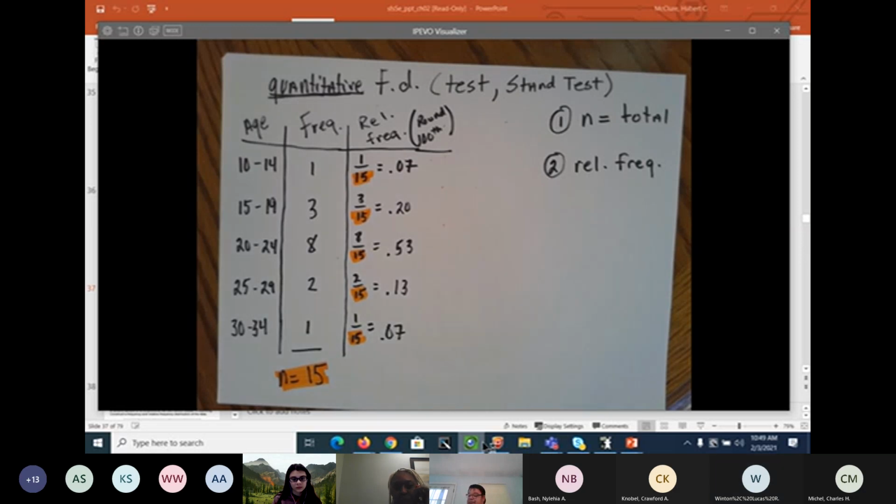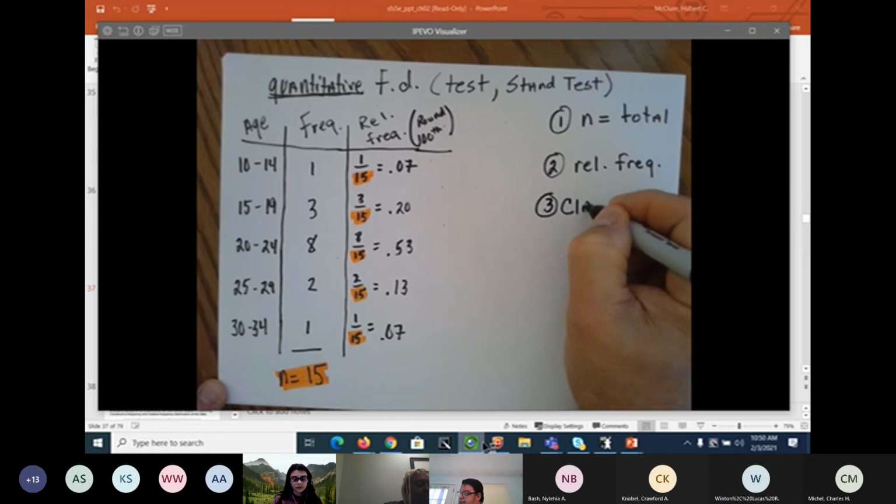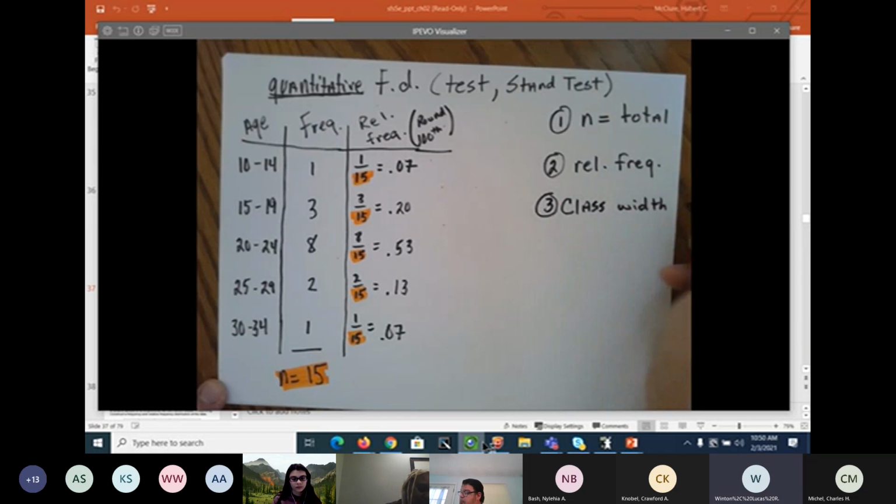All right, so you know how to find those two. Now let's find the third thing, the class width. Now, before I find the class width, I want to show you, and I probably showed you this before.